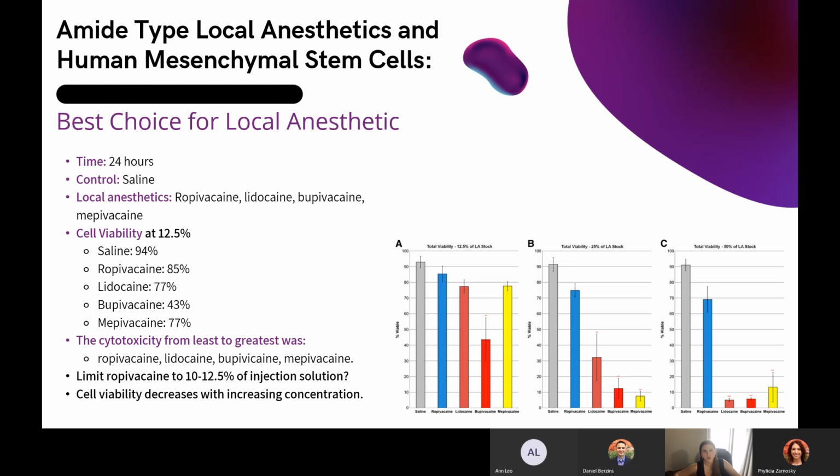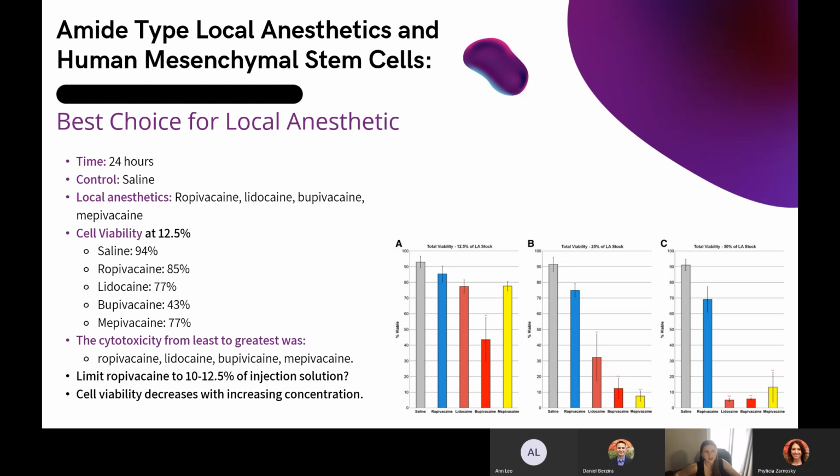As you notice, the greater the concentration of local anesthetic stock solution, the larger the decrease in cell viability. The difference in cell viability from saline to ropivacaine was not a significant finding. Saline had 94% viability, whereas ropivacaine had 85% viability at 12.5%.